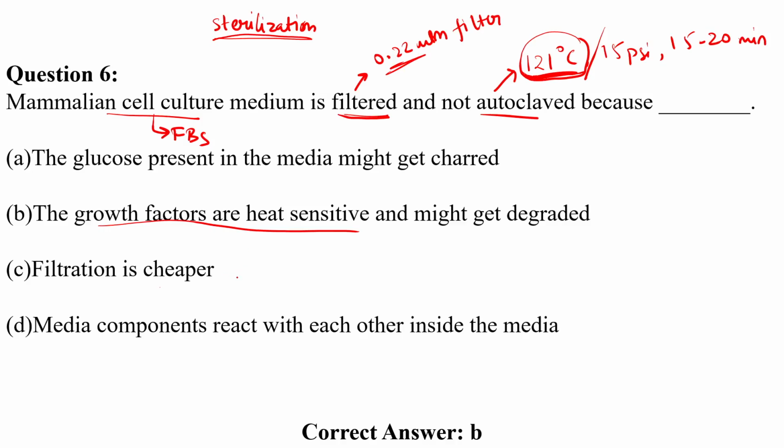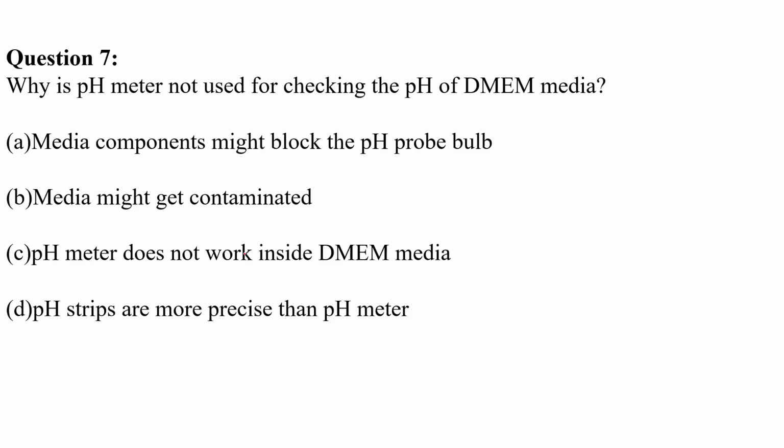It is actually more expensive than autoclaving because you have to buy those 0.22 micron filters and they are not very cheap. So autoclaving is obviously a cheaper option, but if things are heat sensitive, you cannot autoclave it. You have to go for the filtration method.